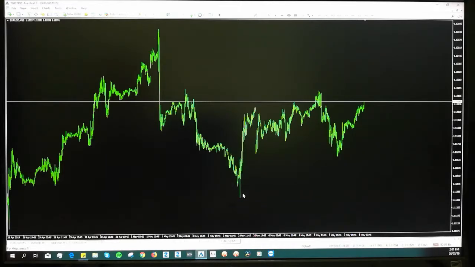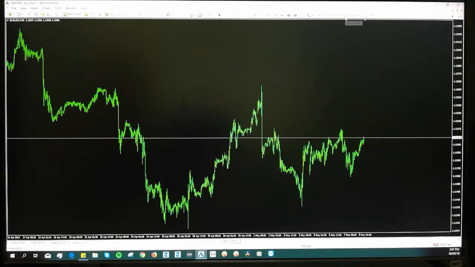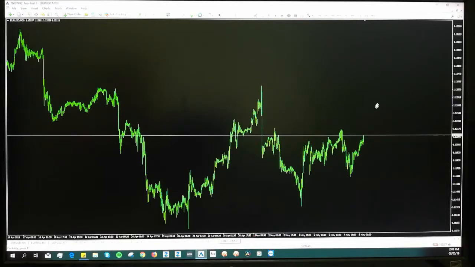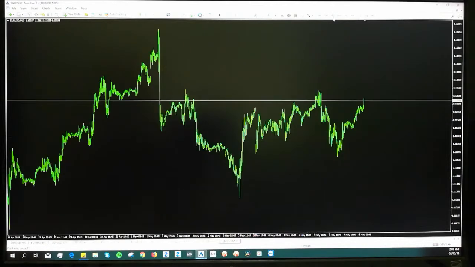This is Euro USD based on M15, and currently it's moving up here. So the market's intention today or this coming week is moving upward, but there's not much direction. It went back to the 1.1250 level, but support will be maintained over there, and from there they will find a new direction.